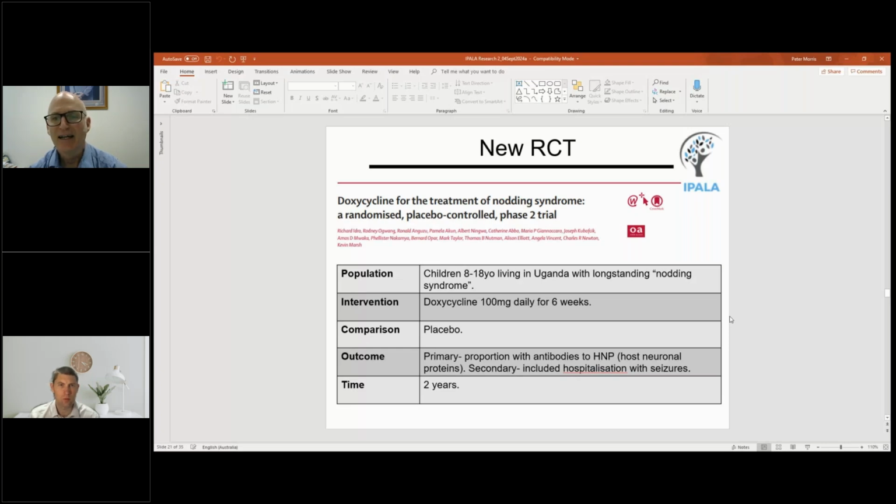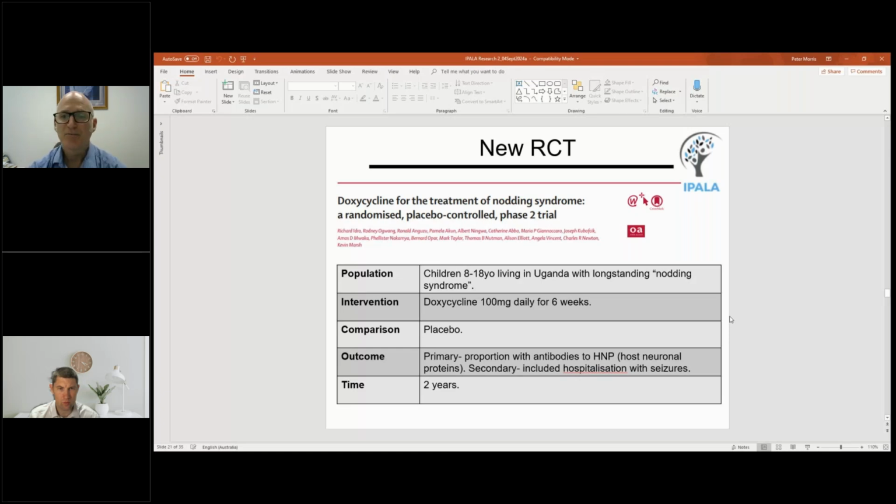That there was an abnormal host immune response that cross-reacted with the brain and caused the neurodegenerative condition, often associated with seizures.